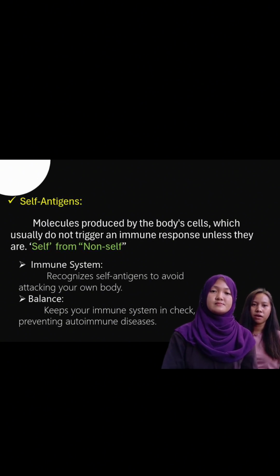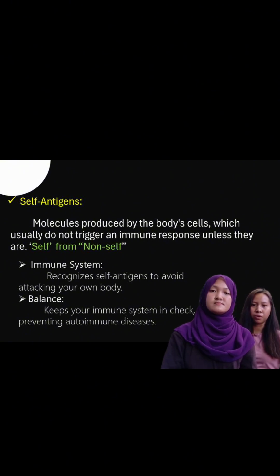In the process, various parts of the body, such as joints, organs, or tissues, can be targeted by the immune system. This can result in various symptoms depending on the affected area. It can lead to chronic inflammation and damage to the affected part of the body.